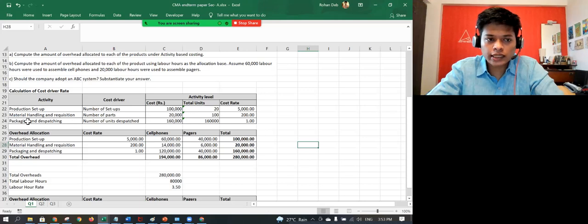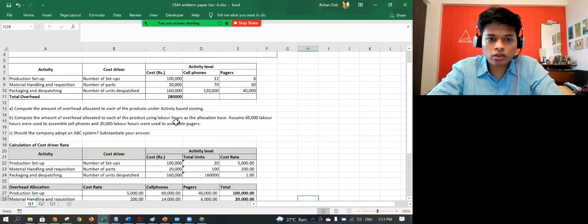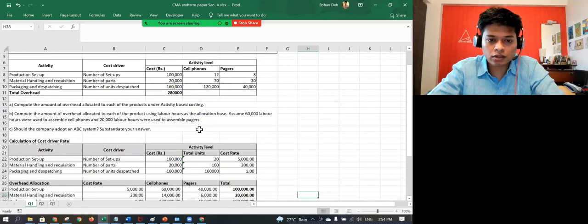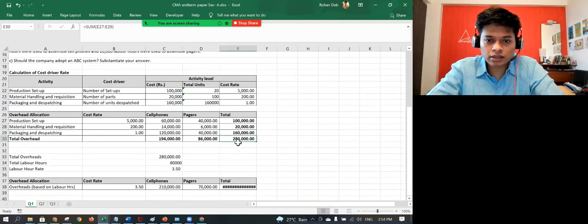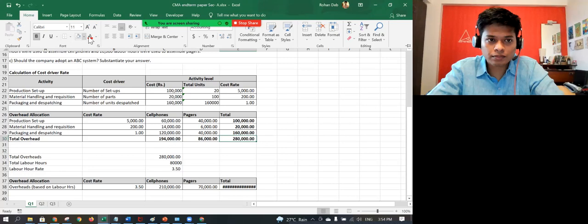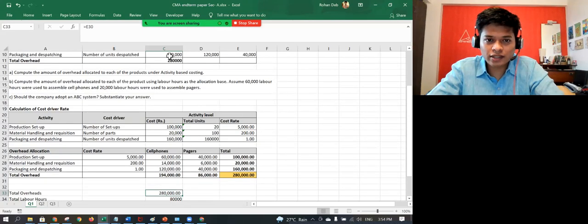Now the second question says to allocate the amount of overhead on the basis of labor hours. Assume 60,000 labor hours for cell phones and 20,000 for pagers. So it's very easy. Again, this is my total overhead, which was already given, by the way.